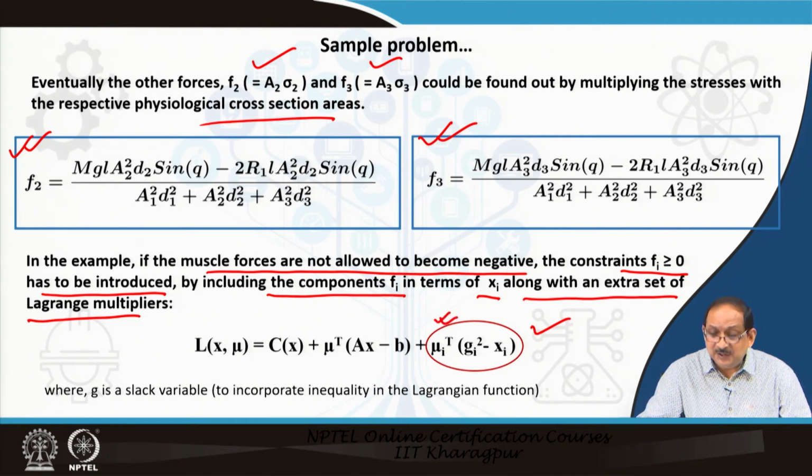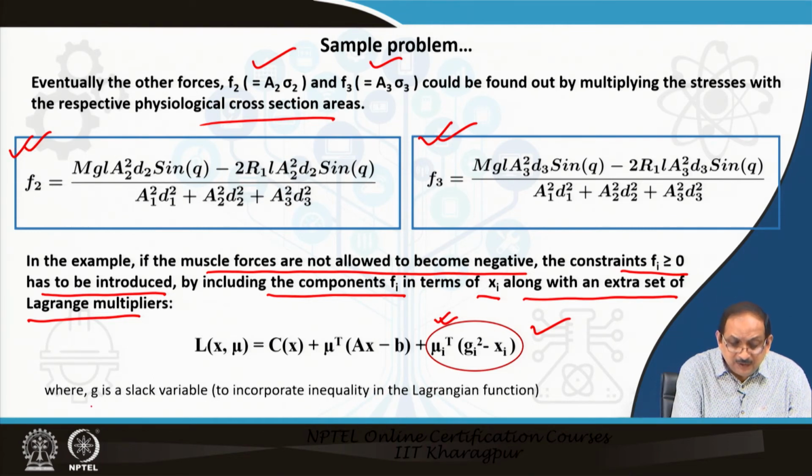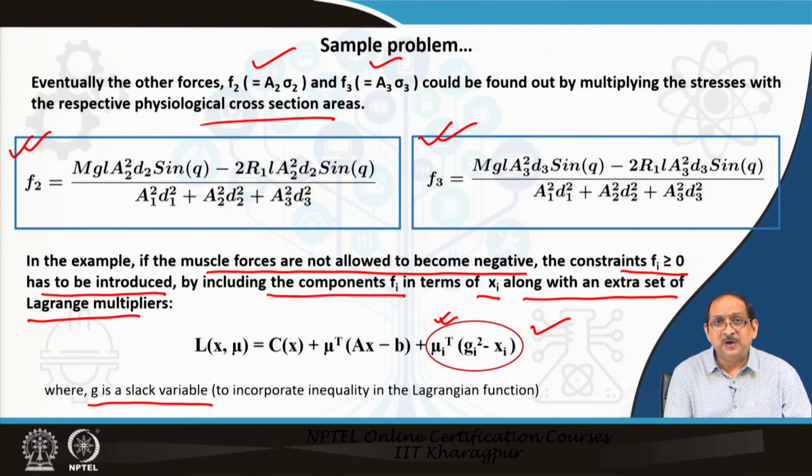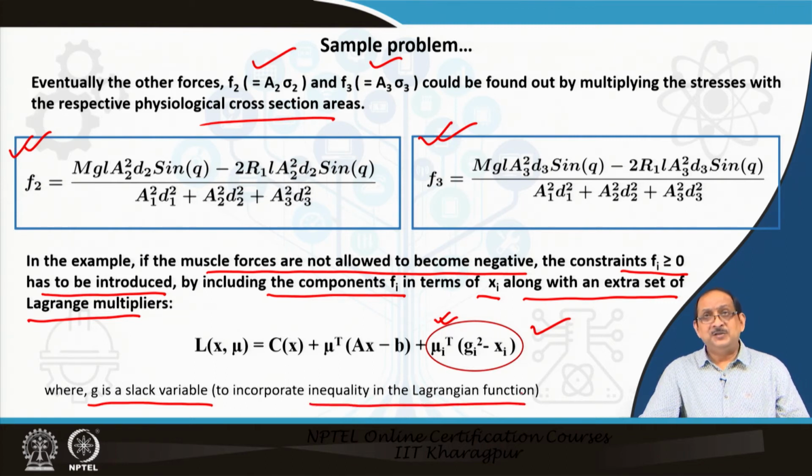This is an additional set of Lagrange multipliers introduced in the slide in order to include the constraint condition that forces in the muscle cannot be negative. Now, in this equation, G is a slack variable which is used to incorporate inequality in the Lagrangian function.